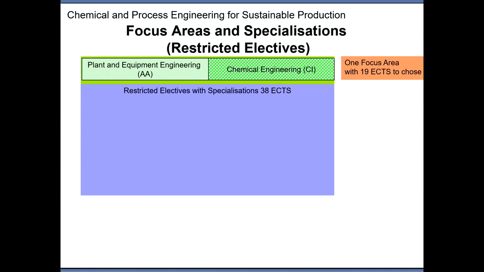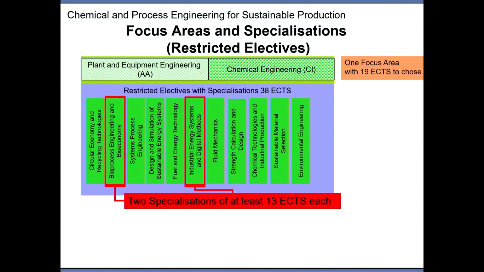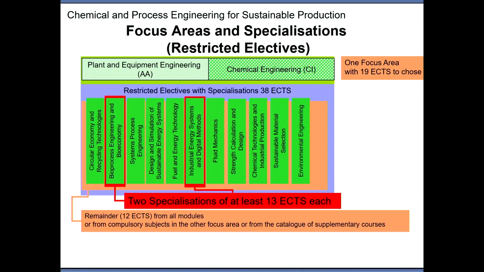Within the restricted electives, there are 11 modules, and each student has to choose 2 of them for the specialization. And specialization means in this context that at least a certain number of ECTS has to be chosen. The rest of the ECTS within these restricted electives have to be chosen from all of the modules.